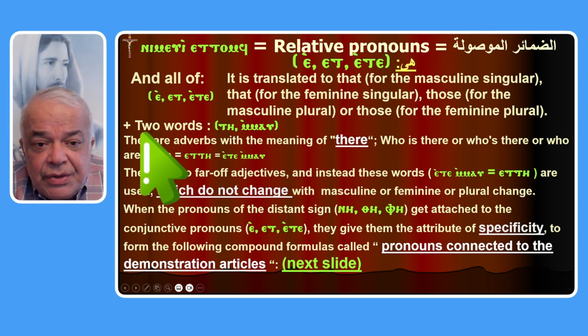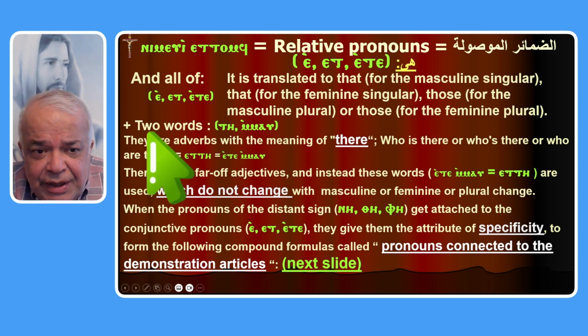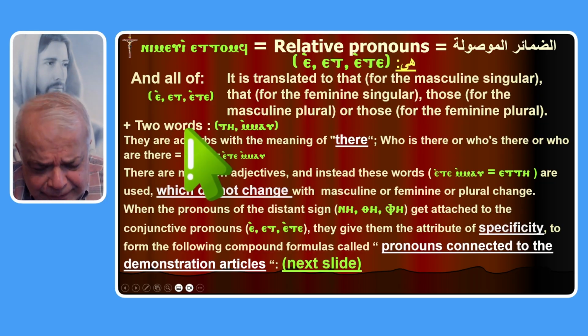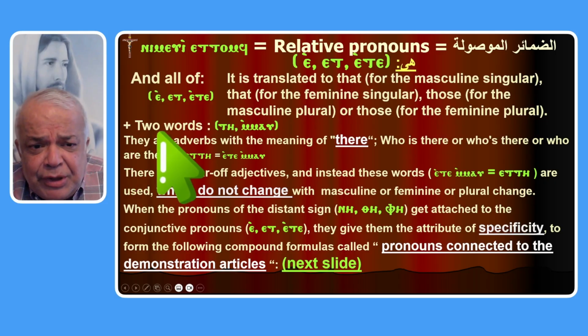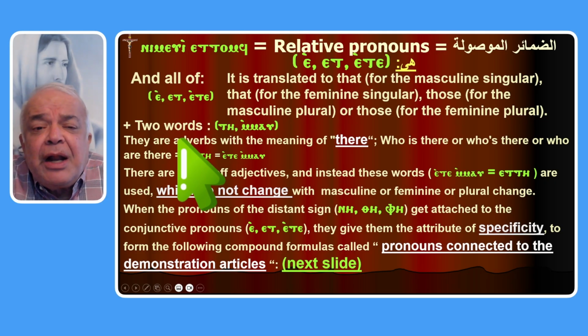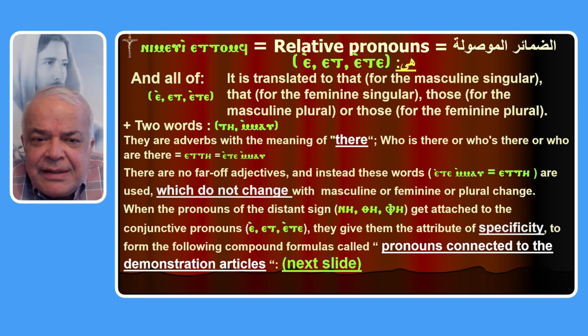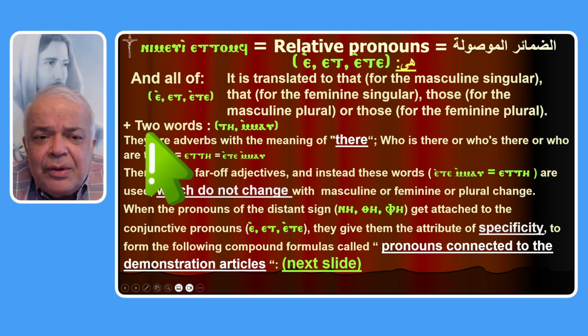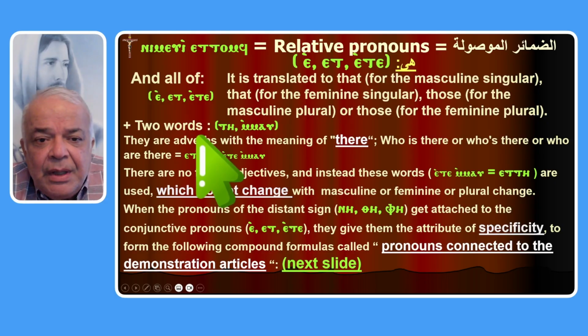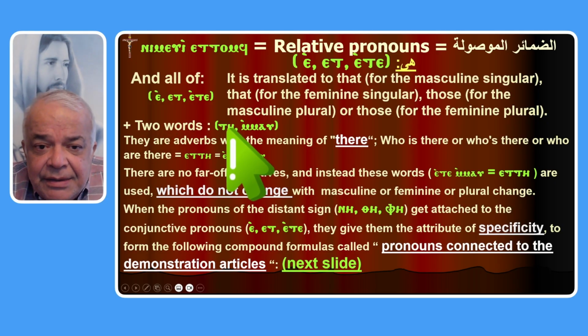Two words are used to give more specificity for the person I'm trying to demonstrate, who is far away or in the other room or in another place or on the map, etc. Those two words are T, eta, or the word emmav.